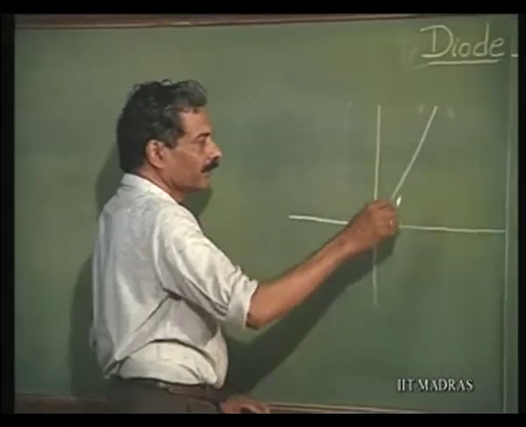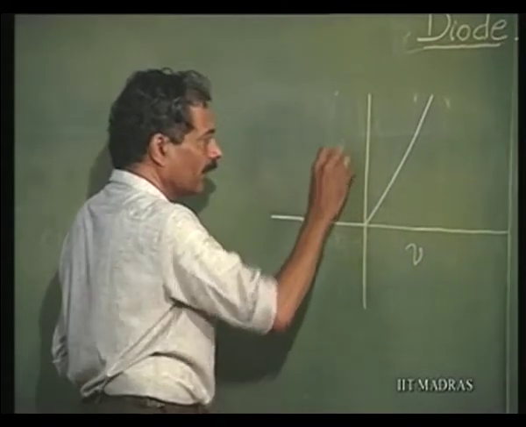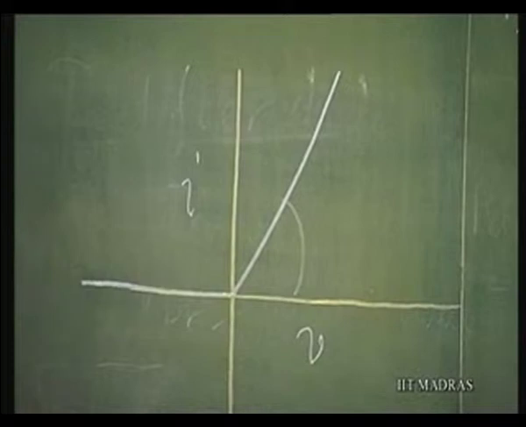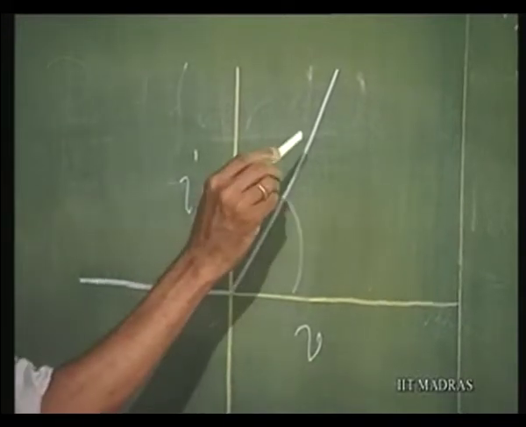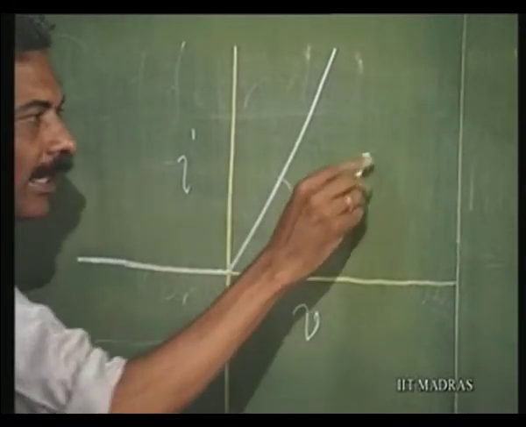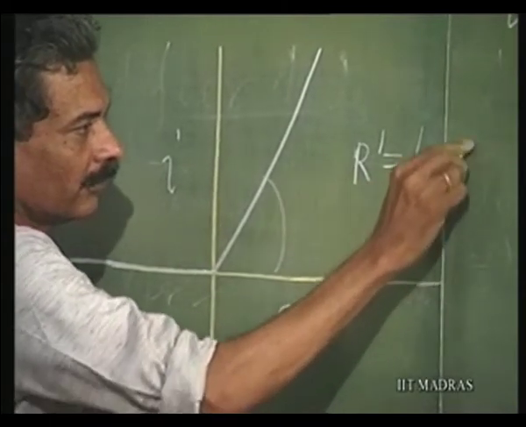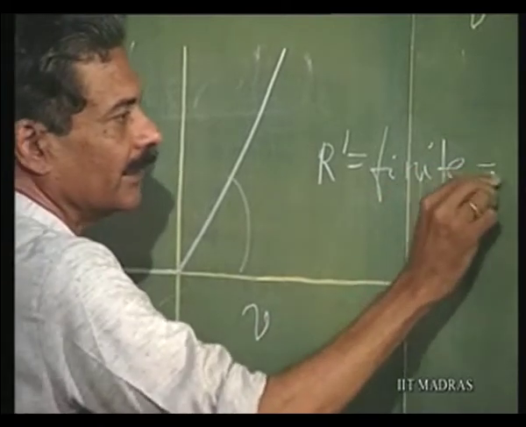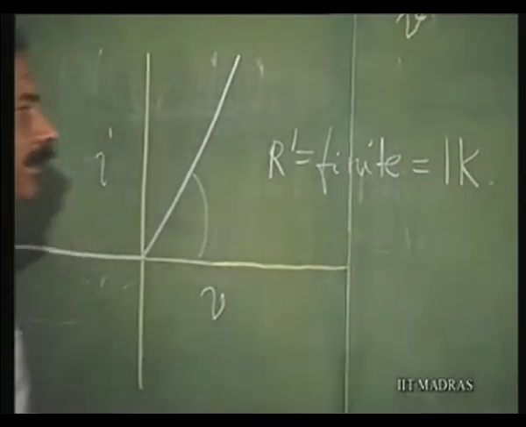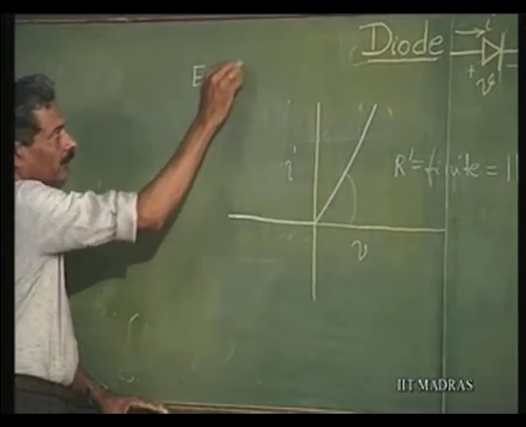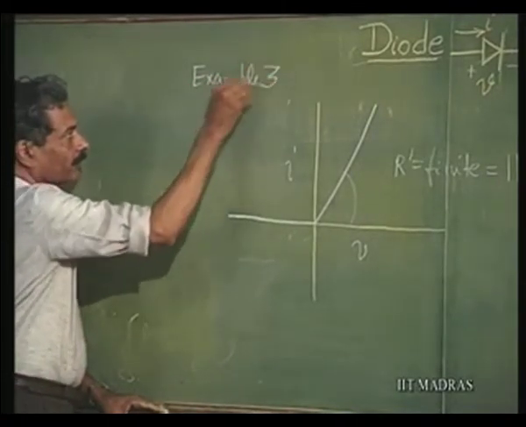I know that if this is V and this is I, the inverse of the slope of this is going to be giving me 1 over R dash here. So, R dash is finite, not 0. So, let us say it is equal to 1 K. This is example 3.